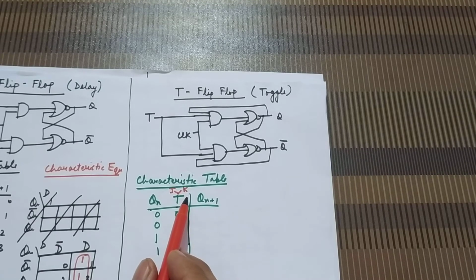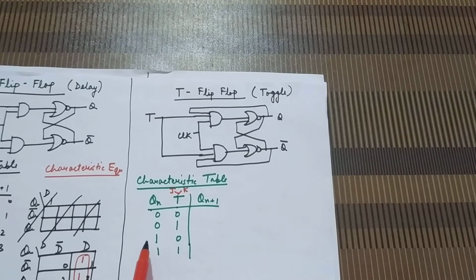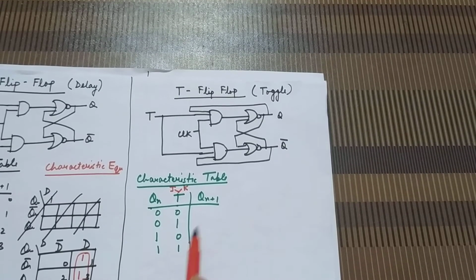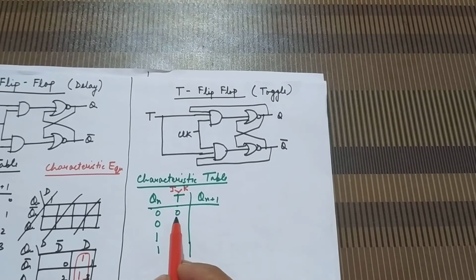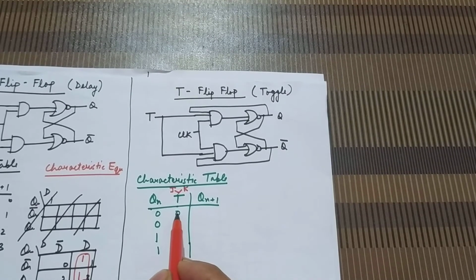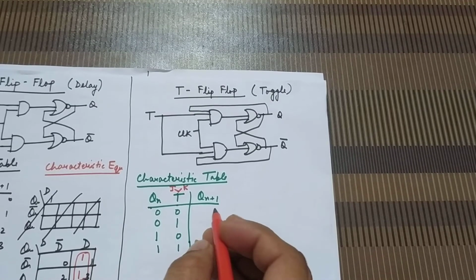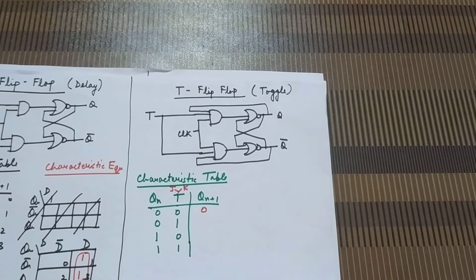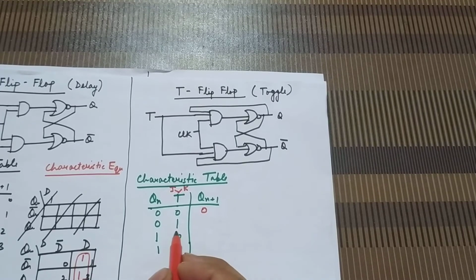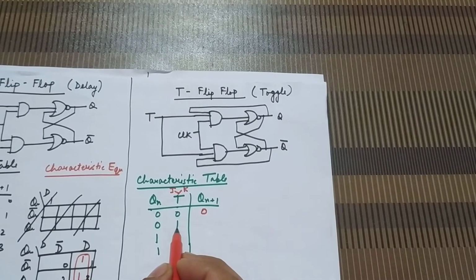In the JK flip flop, if J is 0 and K is 0, and the present state is 0, then the next state will be 0. So here also, if T is 0, meaning J 0 and K 0, and the present state is 0, the next state is again 0. Now if T is 1, it means that J is 1 and K is 1.